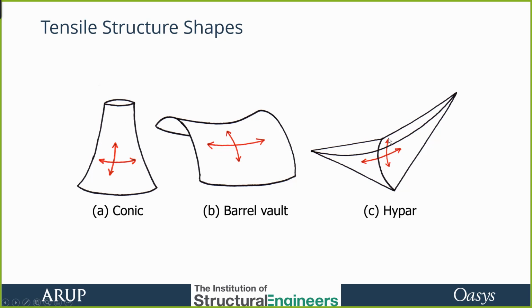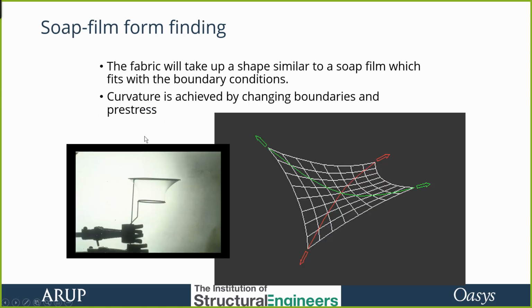And this double curvature is very important for the stiffness of the structure. But interestingly enough, this double curvature can be found by looking at the minimum surface energy. So we can use methods like soap film, where we represent the fabric structure as a literal soap bubble, zero stiffness, constant tension, and just find where it's happiest.